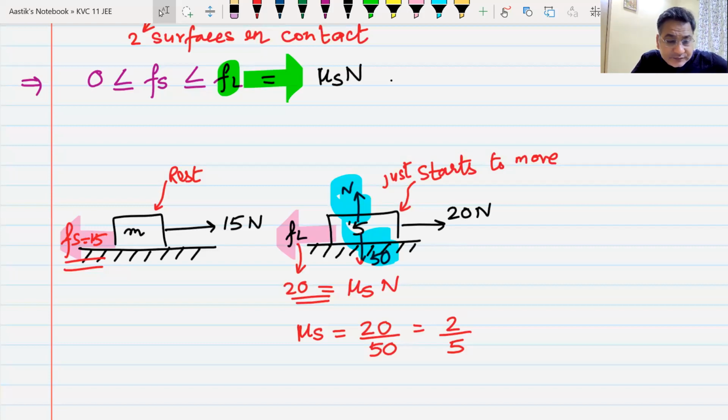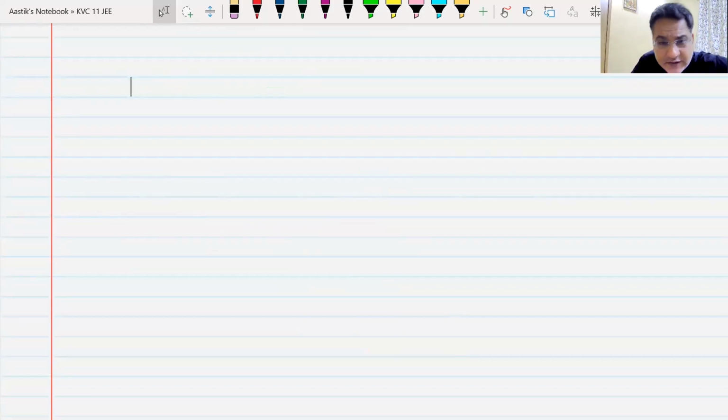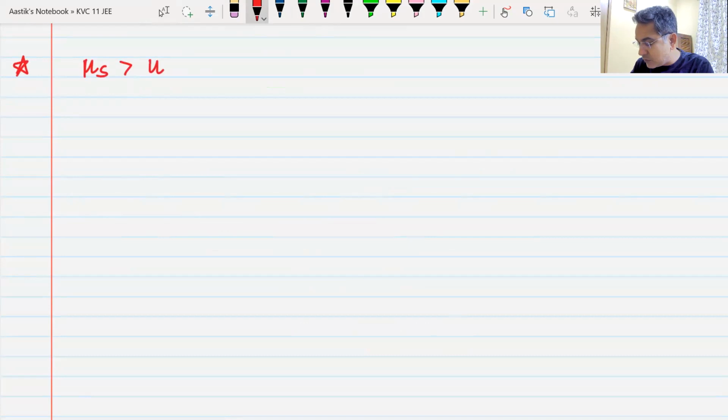So this is the question. Before moving any further, let me first tell you, we have seen two coefficients of friction, for static friction and kinetic friction: mu s and mu k. Remember, as an important note, the value of mu s is always greater than the value of mu k.